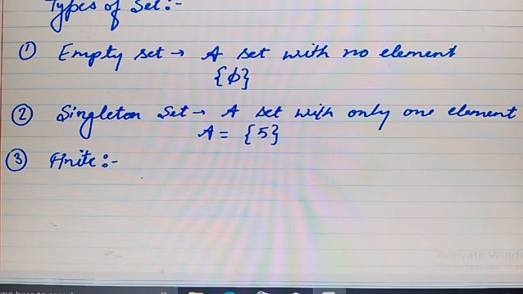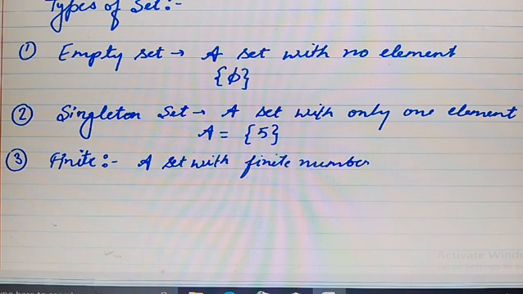Finite set. If you have a set with a finite number of objects, as you can write an example here, {1, 2, 3}.